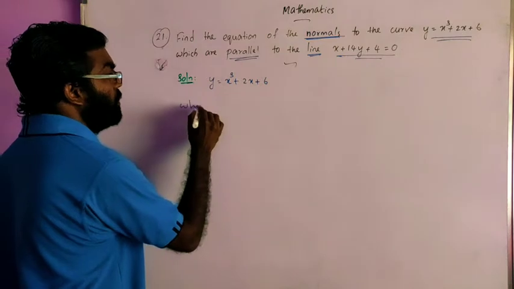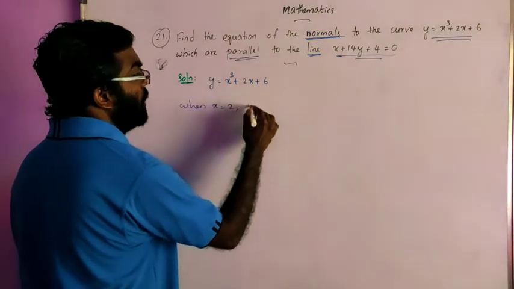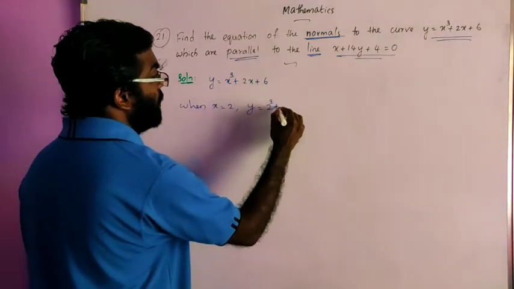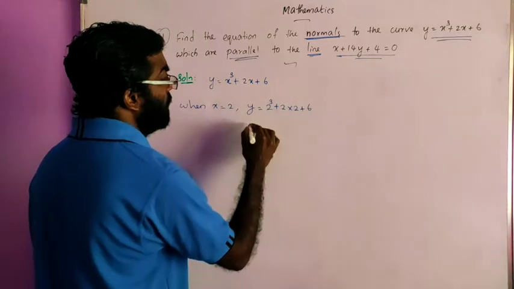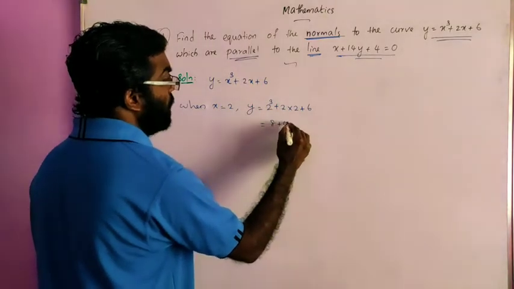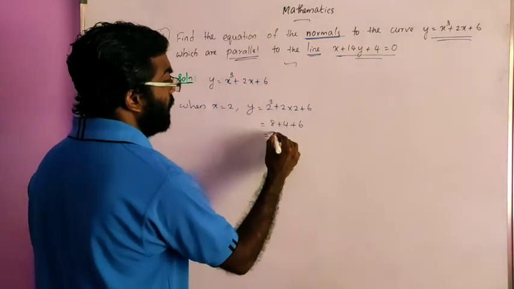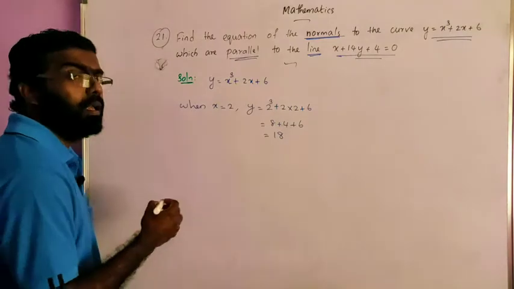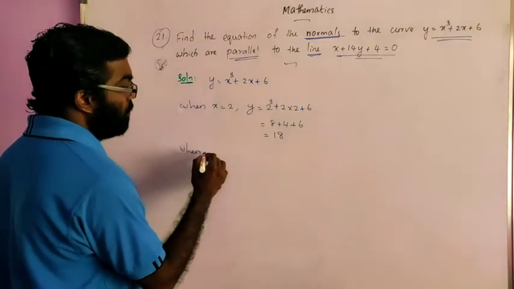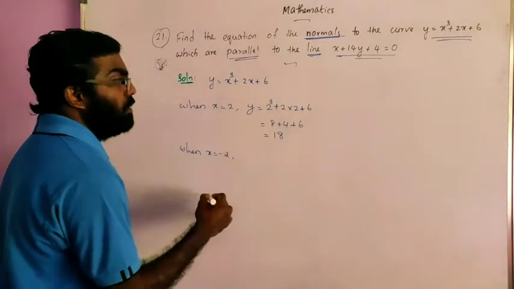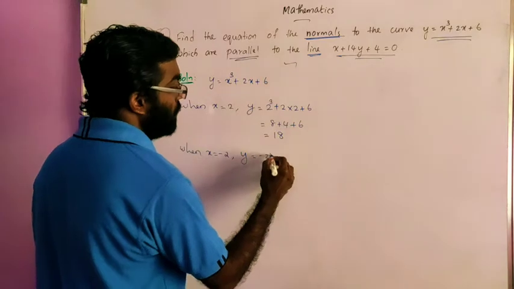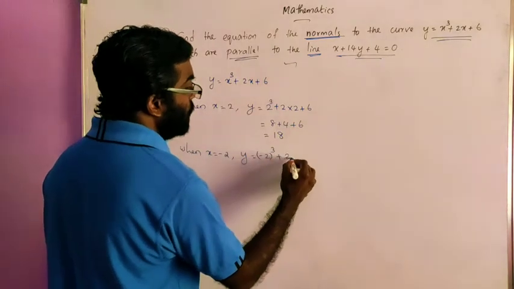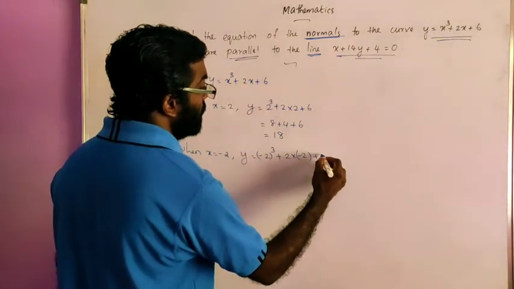When x is equal to 2, y is equal to 2 cube plus 2 into 2 plus 6. That is 8 plus 4 plus 6 which is equal to 18. Okay. And when x is equal to minus 2, y is equal to minus 2 the whole cube, then plus 2 into minus 2 plus 6.